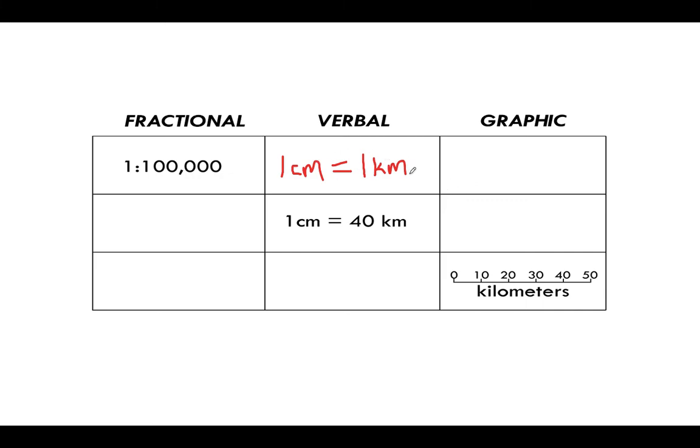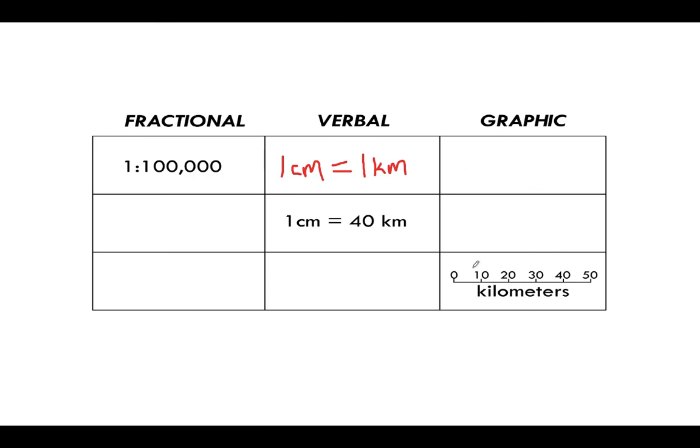So 1 centimeter equals 1 kilometer on a map with this scale. At the same time, 1 inch on this exact same map is going to be 1.6 miles, because that's the cool thing with the fractional scale. Now, if we have that, we can easily go to different measurement systems and all that. So that's the cool thing there.